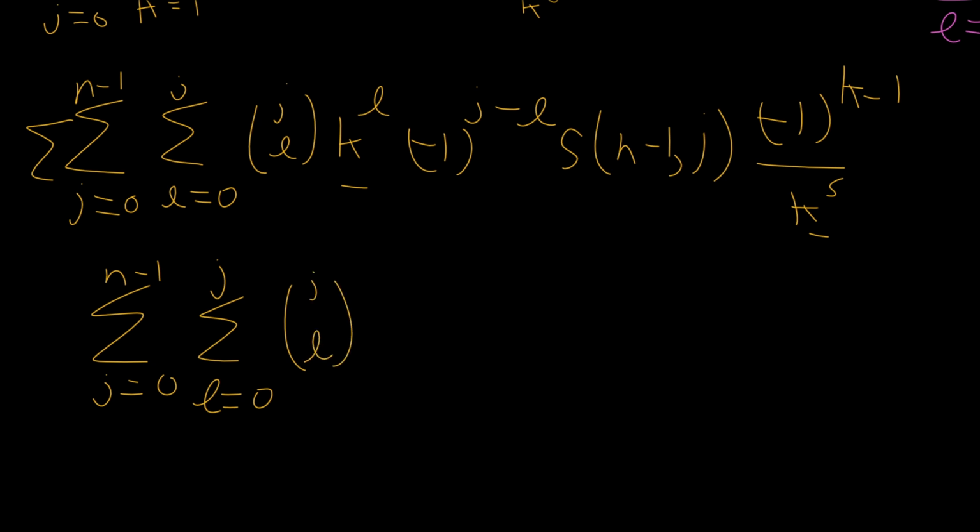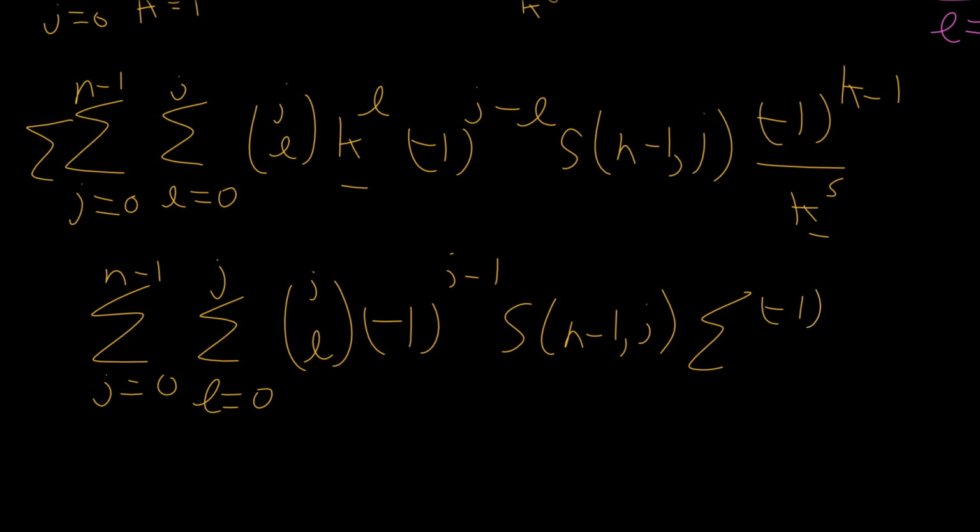So we still have our j choose L, and then our -1 to the j minus L, Stirling numbers of n minus 1, j, and then we're going to have our sum with -1 to the k minus 1 over k to the s minus L. But this right here we can finally express as the eta function. So, namely, eta of s minus L.